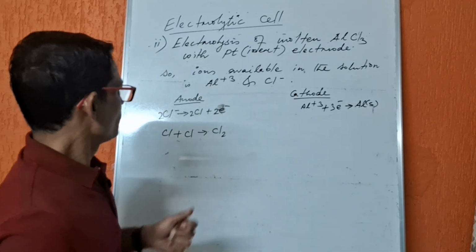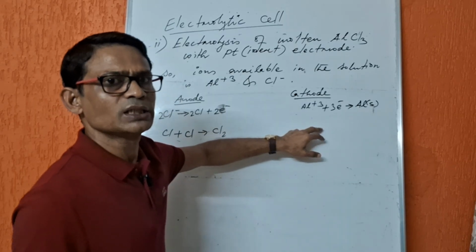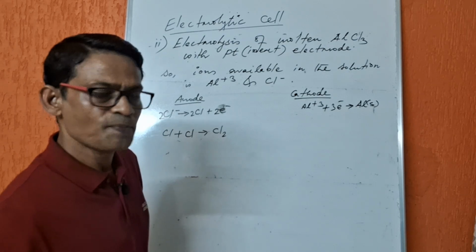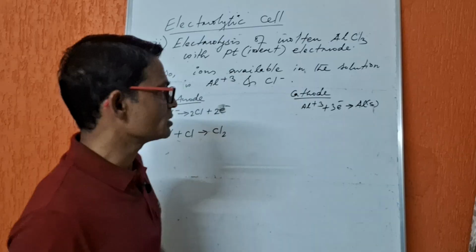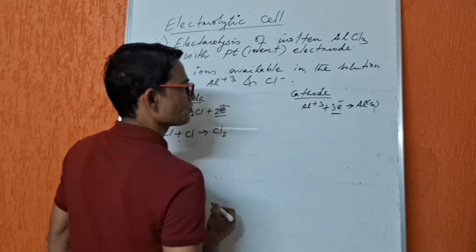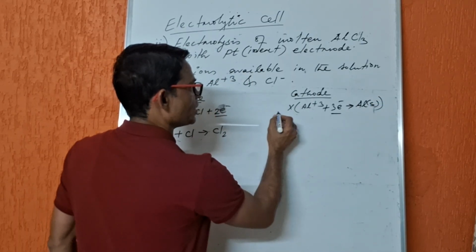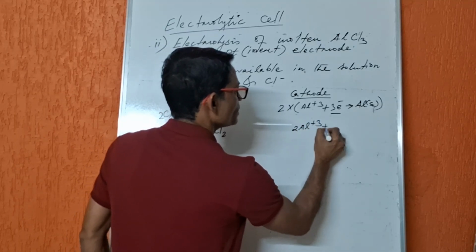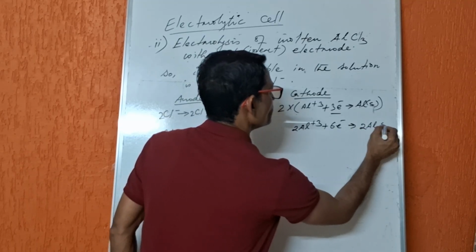We know that for any redox reaction, there is no extra electron after the reaction. We need to balance the electrons. So in the overall reaction, here is 2 electrons, here is 3 electrons. To balance the electrons, multiply the cathode reaction by 2, so we get 2Al plus 3 with 6 electrons giving 2Al.